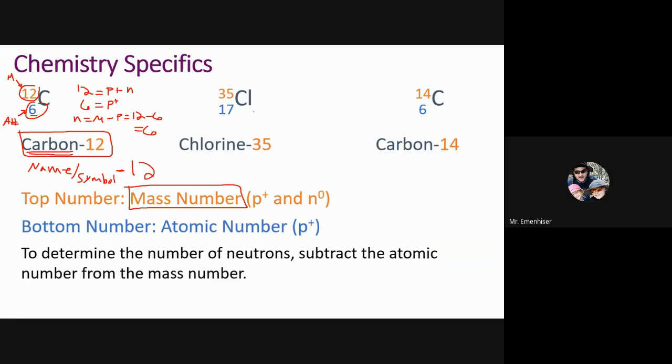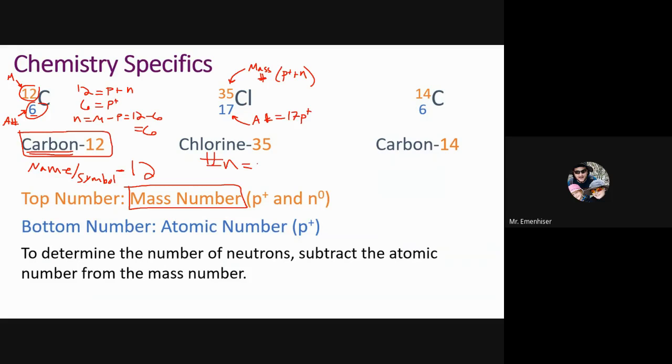All right, here's an atom of chlorine. It has an atomic number of 17. That means it's equal to 17 protons. And then this is the mass number, which is, again, the protons plus the neutrons. So how could we get the number of neutrons for chlorine?